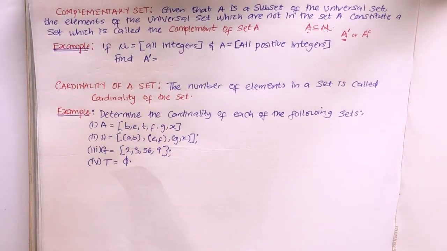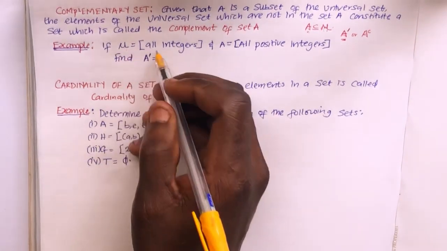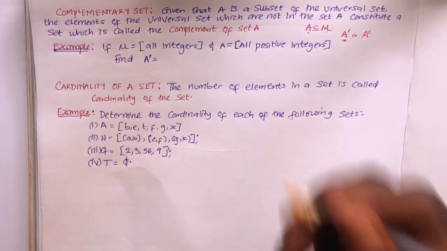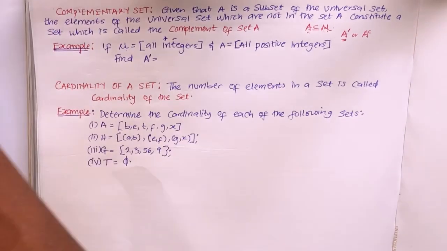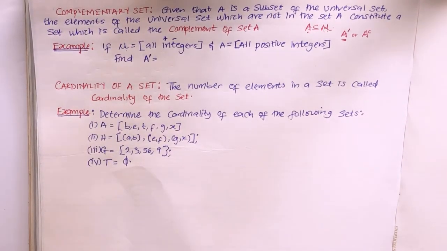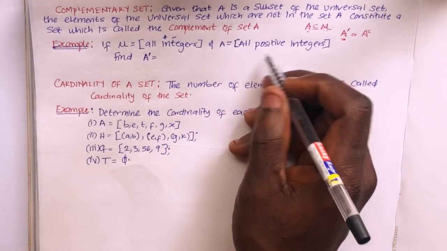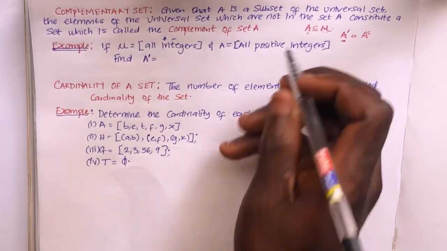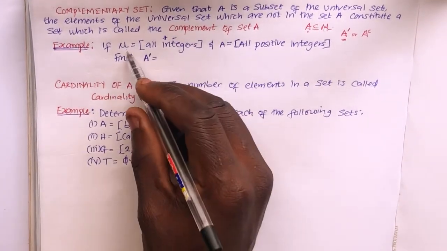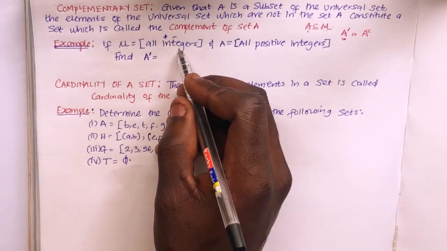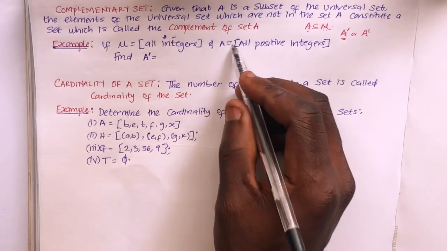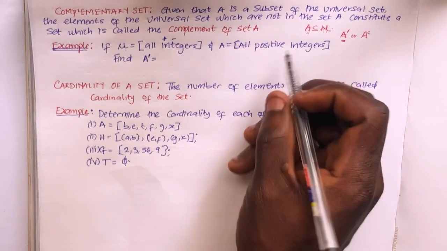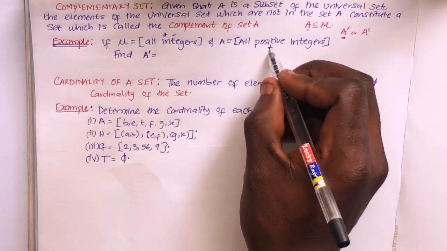Then moving to an example. If the universal set is equal to all integers, that means we are talking about positive and also negative integers, and A equals all positive integers. So if my universal set is all integers, and all integers include positive and negative integers, and my set A equals all positive integers.